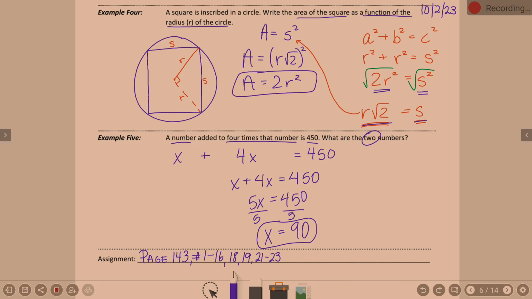What's the other one? Yeah. A number was one of them. 4 times that number is the other one. So what is 4 times x? Well, that's 4 times 90, which is 360.